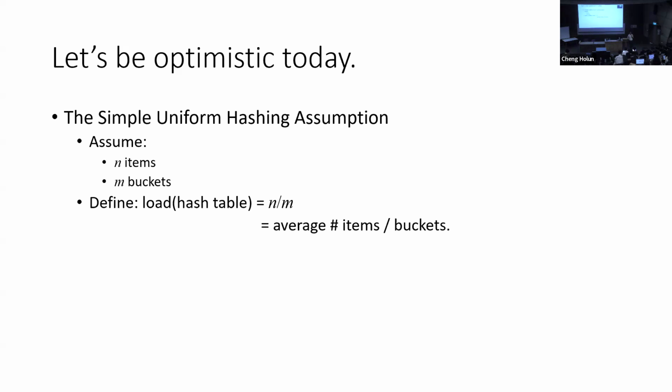And we have something interesting here. If it's n over m, that means the expected search time is 1 plus n over m. 1 is the time you compute the hash value, n over m is the length of the linked list.